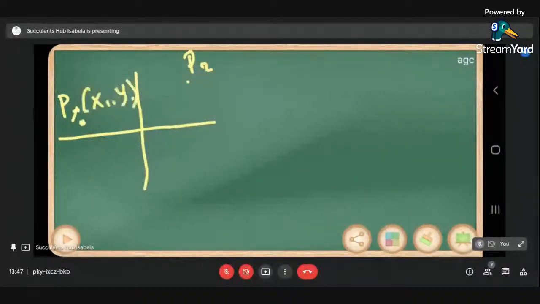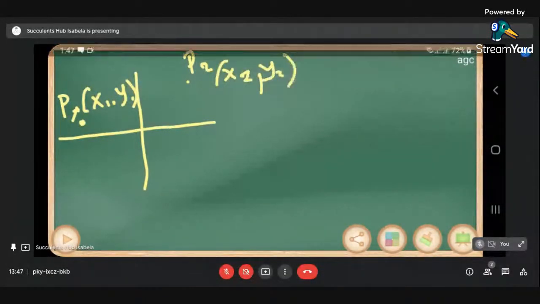Then you have x sub 2, y sub 2. If you connect these, you will form a line.